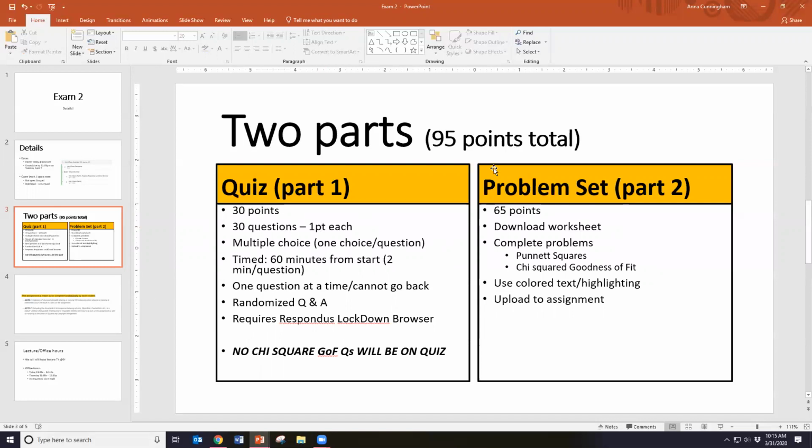So would I recommend doing the problem set prior to the quiz? Absolutely, yes. I would definitely recommend doing the problem set and saving the quiz for later. I think the problem set will help you a lot to study for that quiz. And then take your time studying for the quiz.